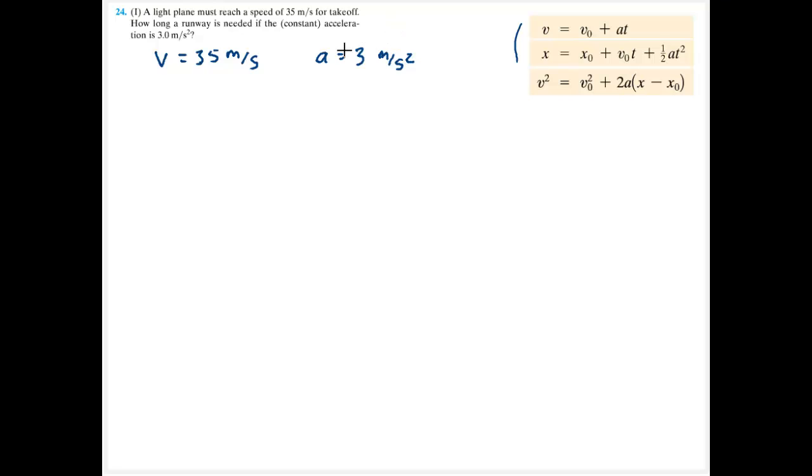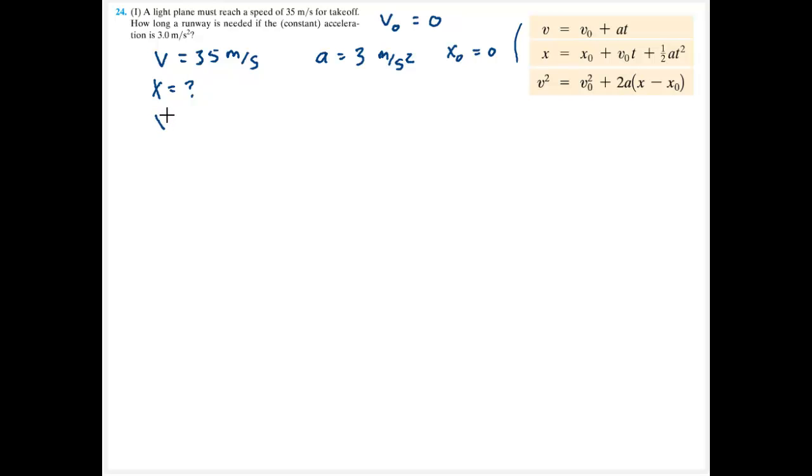I'm asked to solve for how long the runway needs to be, and I'm going to have to assume that the plane is going to start from rest, and I'll also say my initial position is going to be equal to 0. Very typically that's what we do for these types of problems.